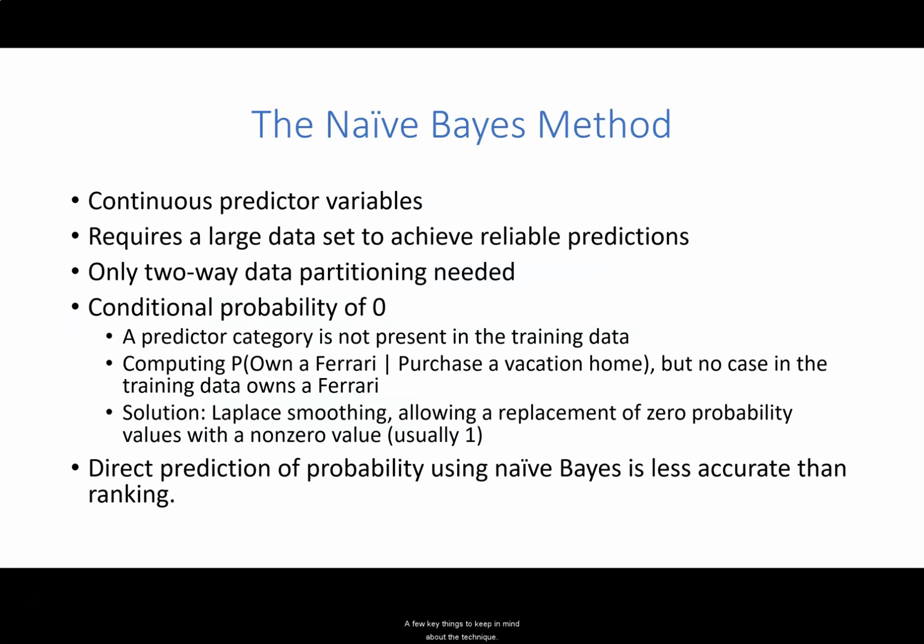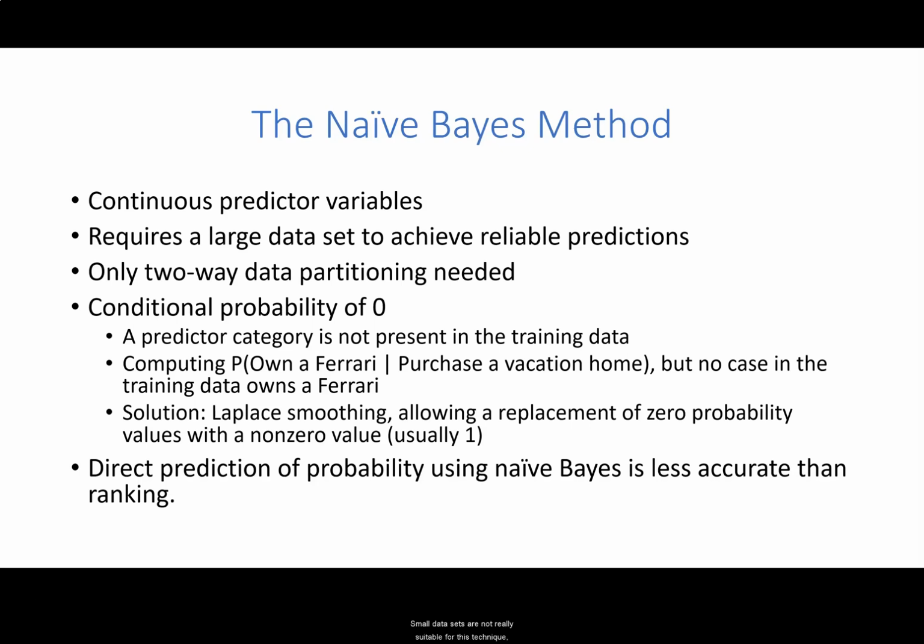A few key things to keep in mind about the technique. First, when faced with continuous or numeric variables, you will need to convert them into categorical variables, typically using the binning technique. Due to the data-driven nature of the technique, naive Bayes requires a large dataset to achieve reliable predictions.